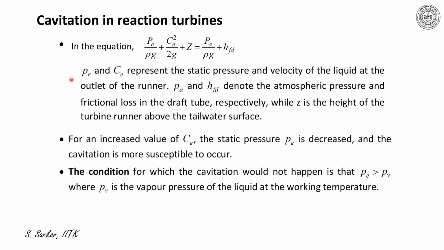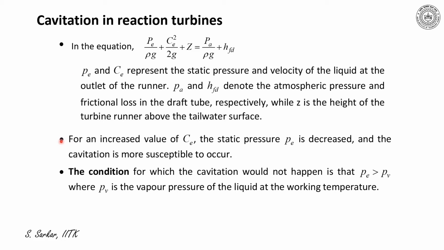In equation 4, PE and CE represent the static pressure and velocity of liquid at the exit of the runner, while PA and HFD denote the atmospheric pressure and frictional loss in the draft tube, and Z is the height of the turbine above the tail water surface.